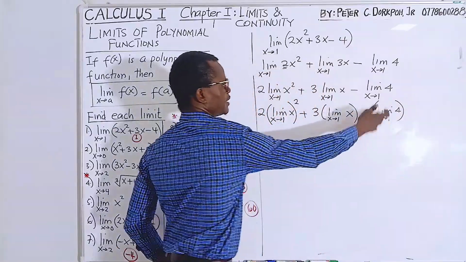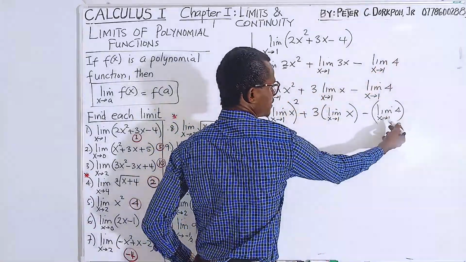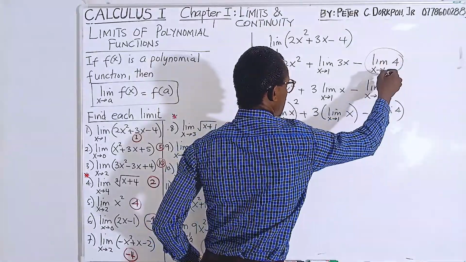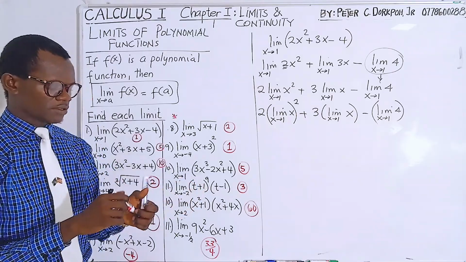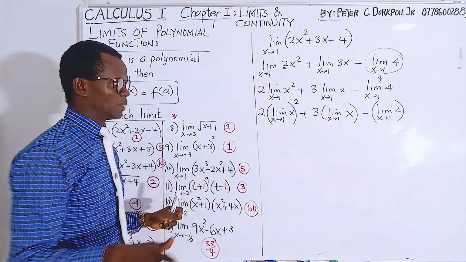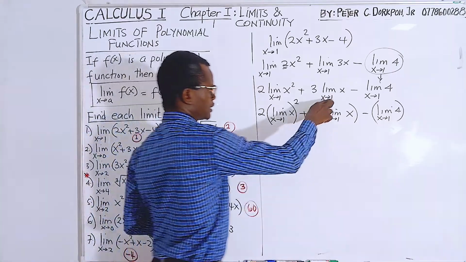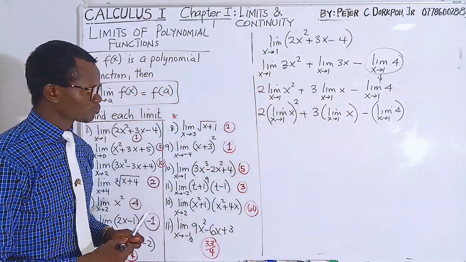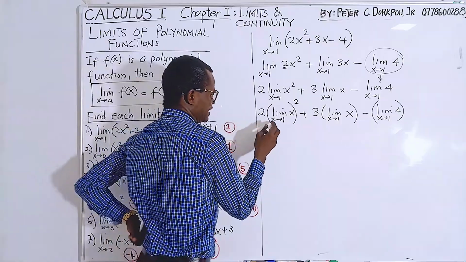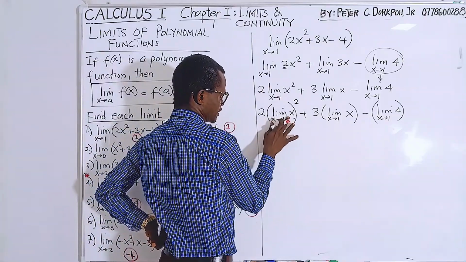You can apply this as far as this point right here, but we just want to apply all of them together. It doesn't matter when you apply it, as long as it reaches the stage of applying the limit of x. Now, in this case, we want to apply the limit.